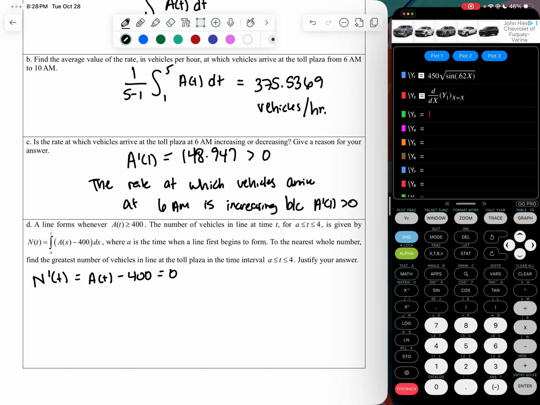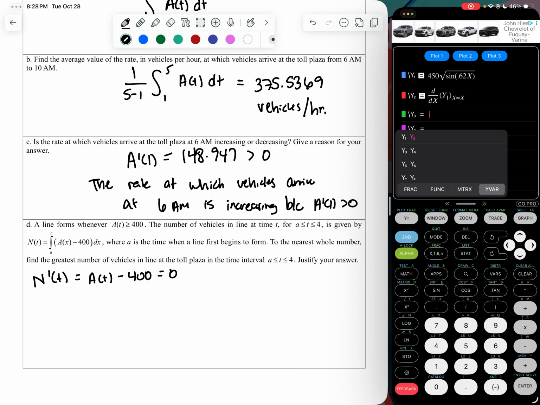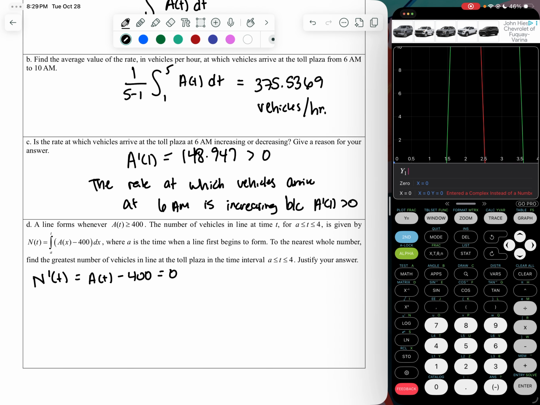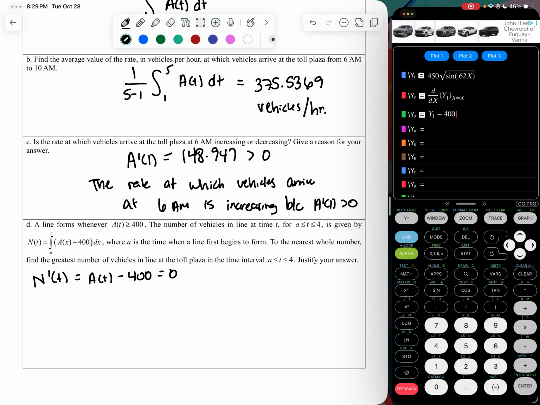What I need to figure out is A of t minus 400. A of t is already y1, so I'm going to do y1 minus 400. And then I'm going to graph this. Oh, Jesus. Okay. Don't graph the whole thing. Graph only y3.